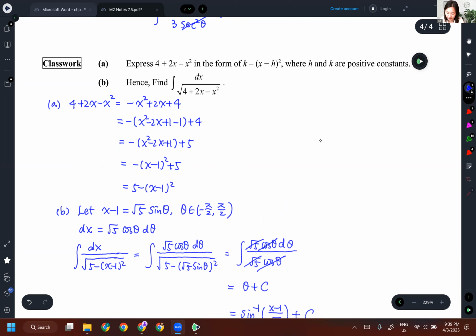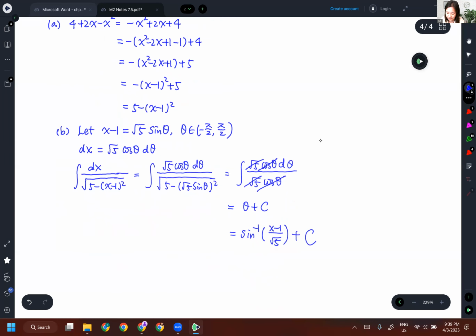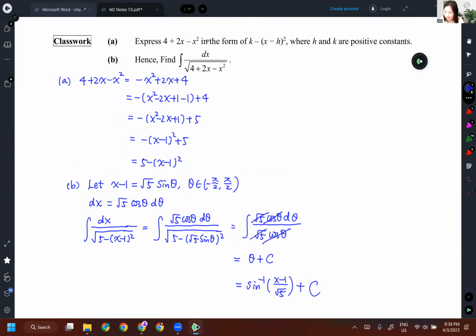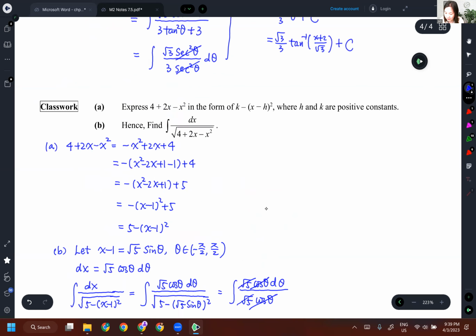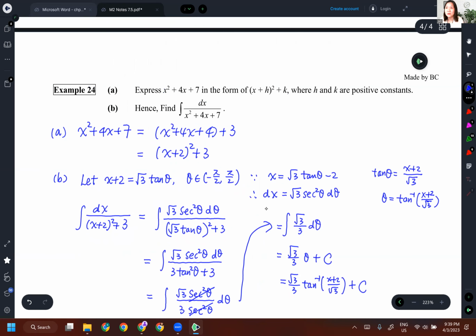That's the first part. The second part, with this particular shape of function, that is something minus something squared. Now, this example is something plus something squared. I think they are different. This is something plus something squared.